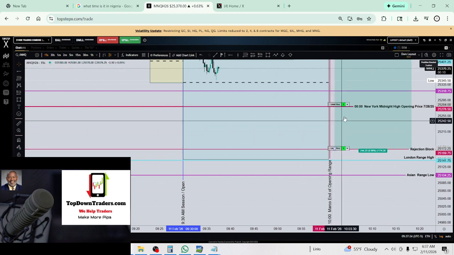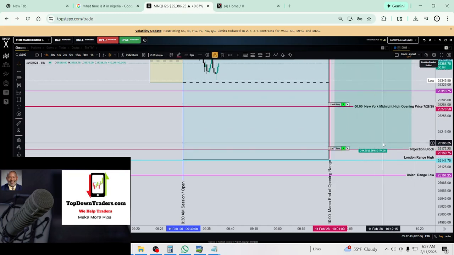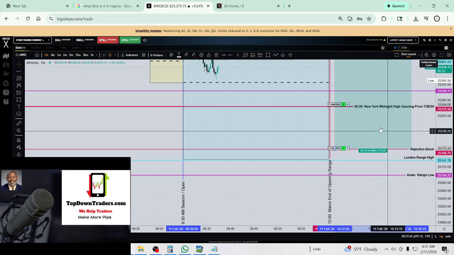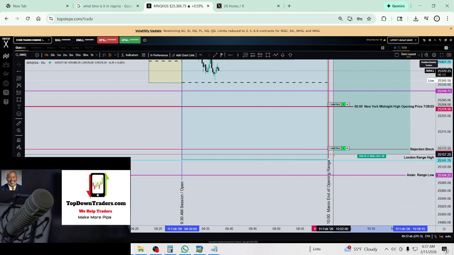Okay, that means I'll have 1 left, and I'm going to leave that 1 on for a runner, with the hope of going down to the Asian low.